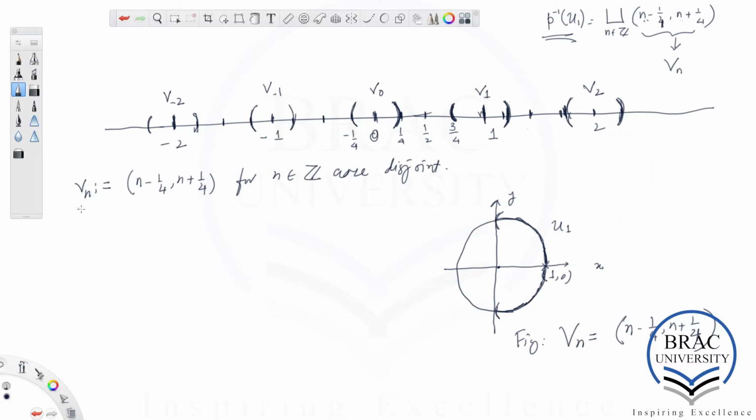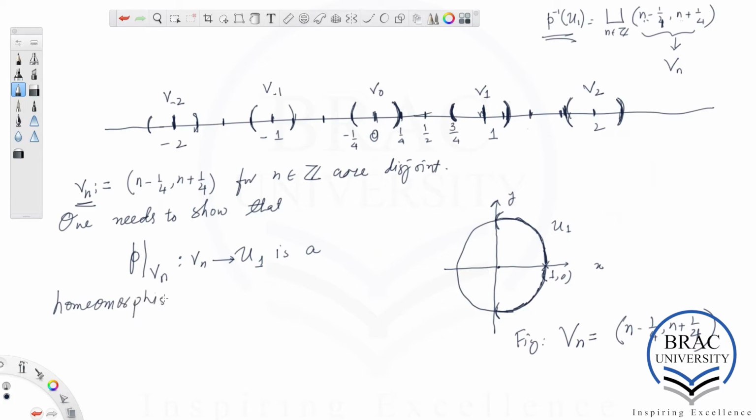Okay, one just needs to show that P, restricted to Vn from Bn to U1, is a homeomorphism for each n belonging to the set of integers.